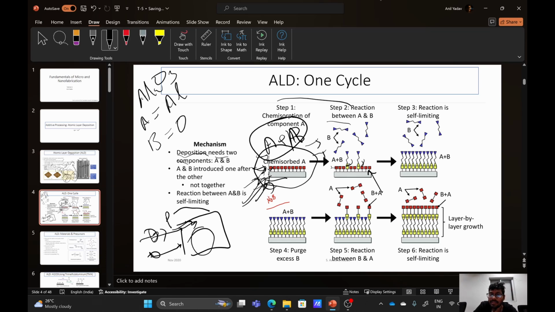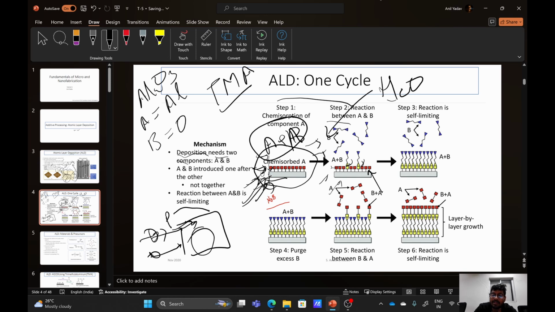If we give some time to this, let's say in milliseconds only, because these are highly reactive precursors. The B precursor is nothing but H2O, and the A precursor is TMA, trimethyl aluminium, which contains aluminium.